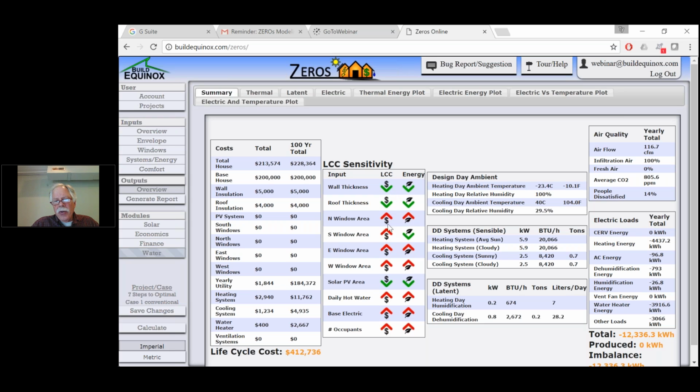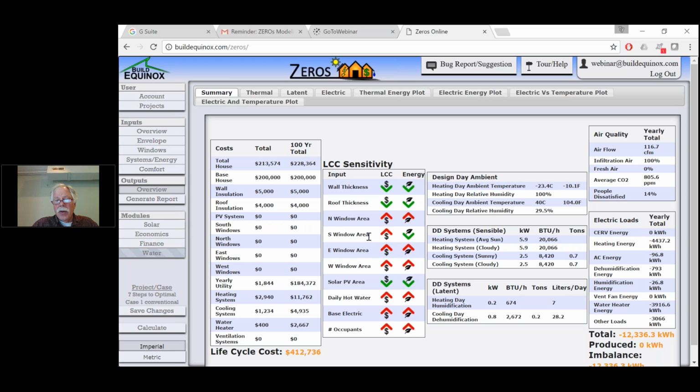These sensitivity arrows are telling us if any of these quantities are increased, whether that's good or bad. So for example, if I increase wall thickness, this green is saying, yeah, that's good. On the life cycle cost, it will go down if I increase wall thickness, and energy will go down. These two things don't always agree.